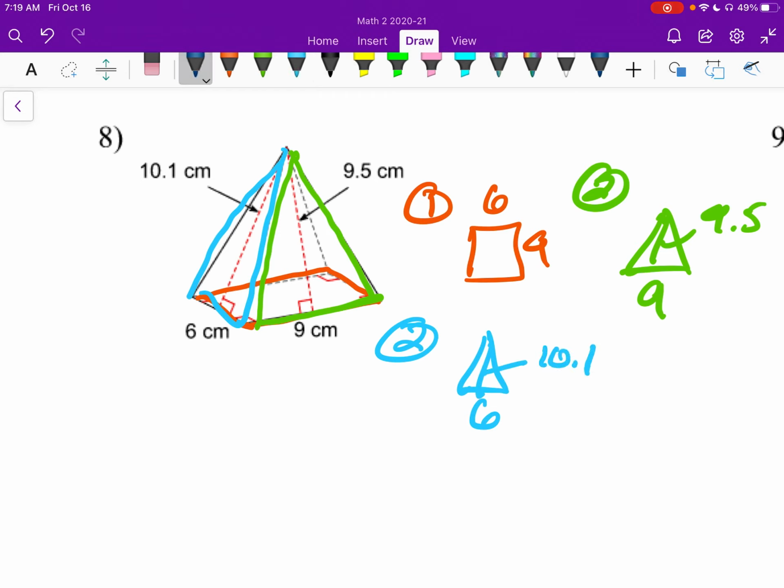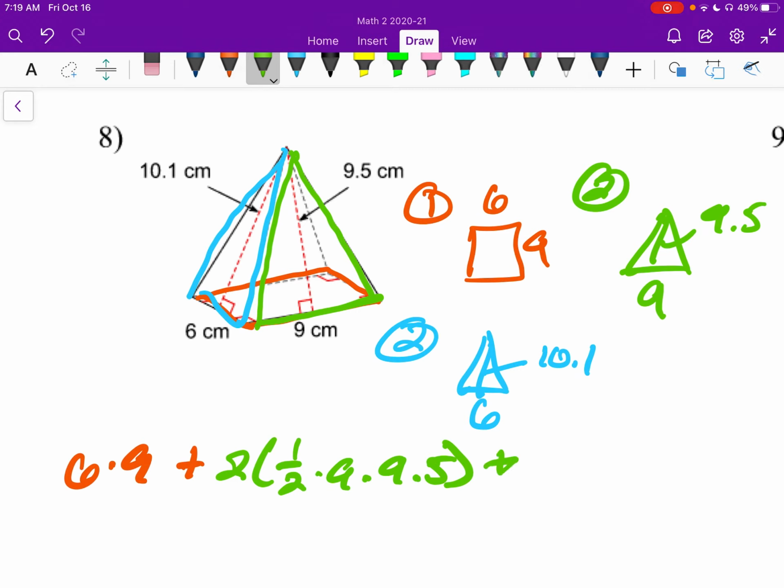Now for my formulas, I have 6 times 9 plus 2 times 1/2, 9 times 9.5, plus 2 times 1/2 times 6 times 10.1.